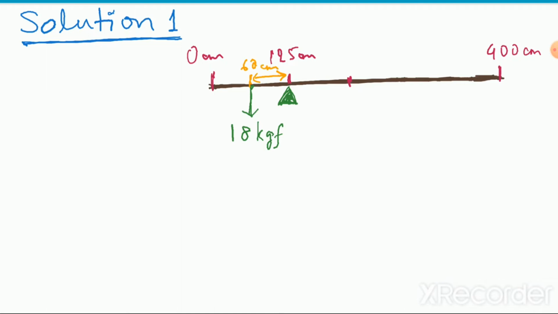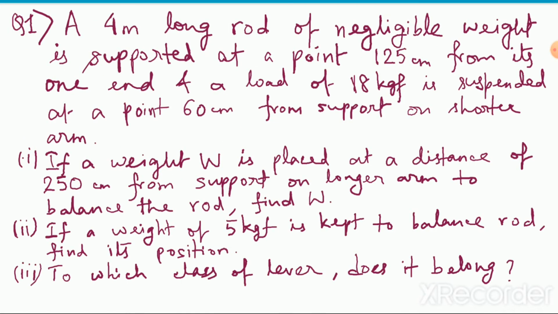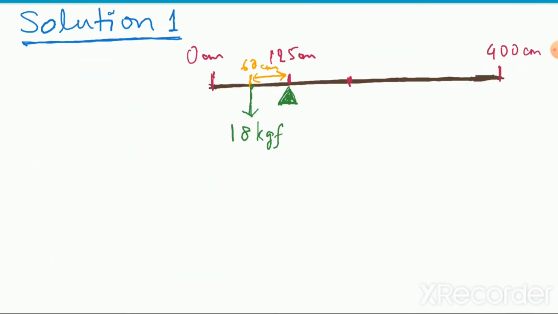Now, it is asked in the first part of the question: if a weight W is placed at a distance of 250 centimeter from the support on the longer arm, so 250 centimeter. Let us consider it will be some distance like this.